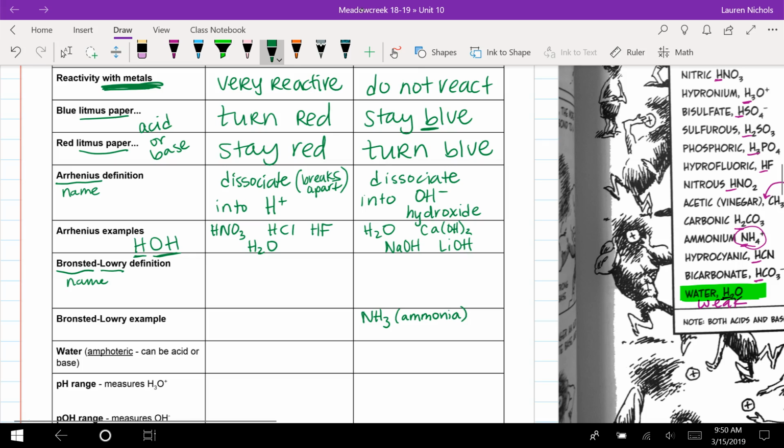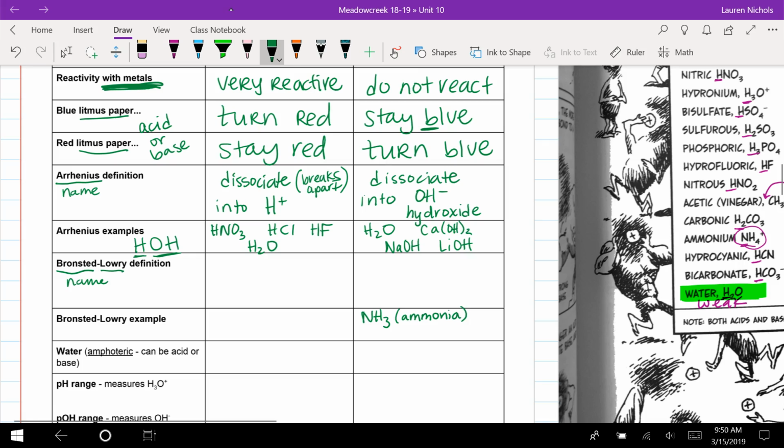So they said we need to expand our definition of a base in order to include these other things that have the same physical and chemical properties. They changed the world's mind about what could be considered an acid and a base.